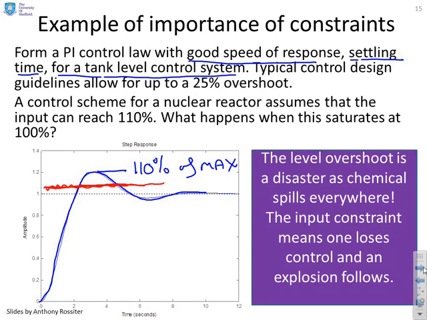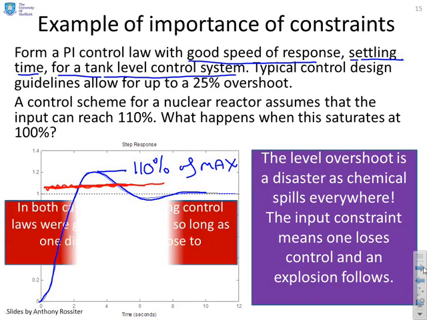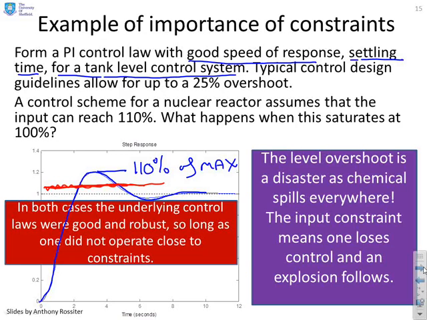Otherwise you could lose control of the process with any number of problem effects. And here you'll notice the underlying control laws may have been good and robust as long as you did not operate close to constraints. But as soon as you get close to constraints, your original designs may be totally useless.